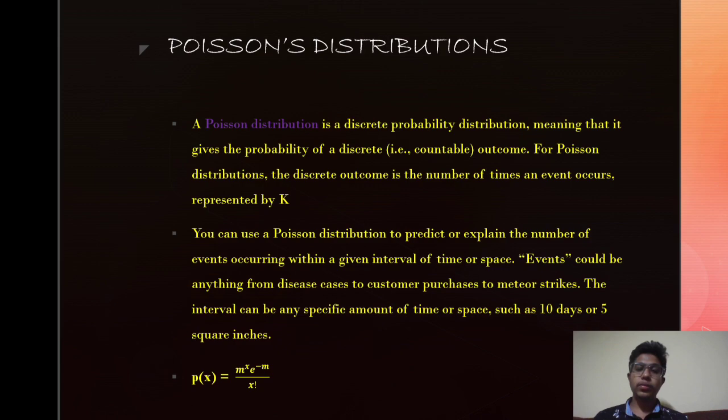You can use a Poisson distribution to predict or explain the number of events occurring within a given interval of time or space. Events could be anything from disease cases to customer purchases to meteorites. The interval can be a specific amount of time or space, such as 10 days or 5 square inches.